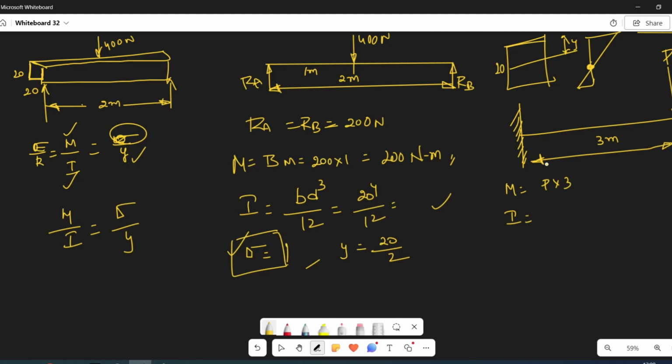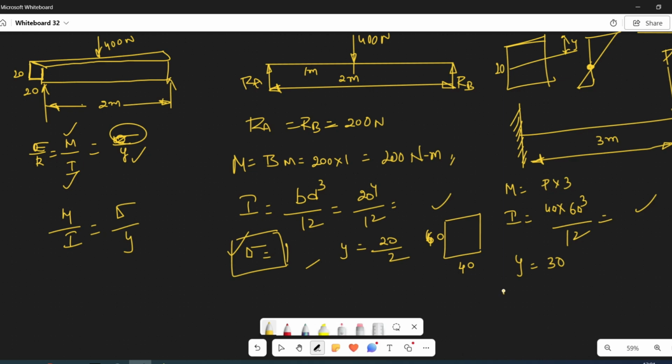So BD cube by 12, 40 mm wide, D cube by 12, which will give you the value of I. Now y will be given by, as depth is 60, y will be equal to 30.